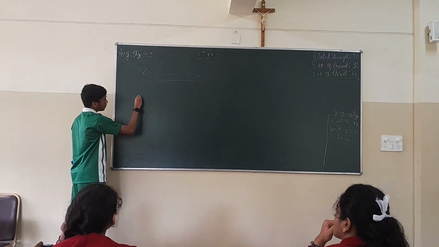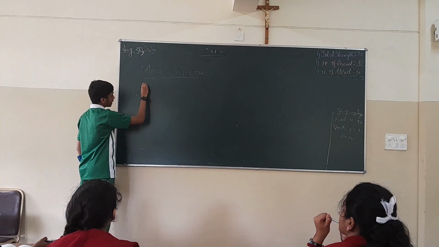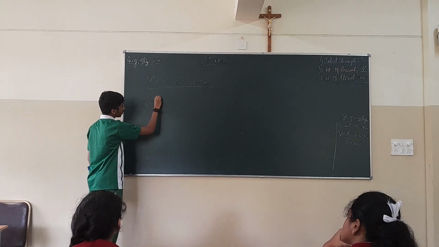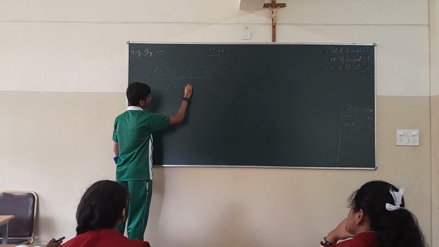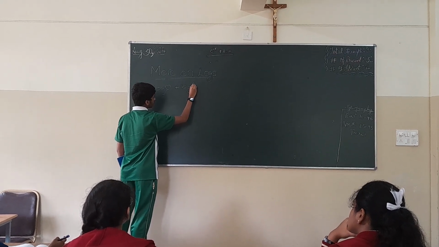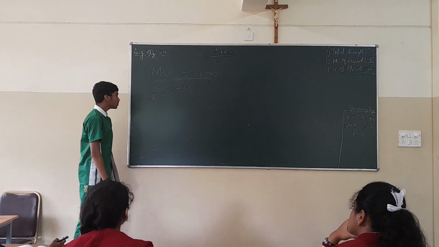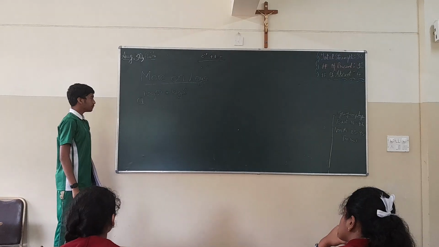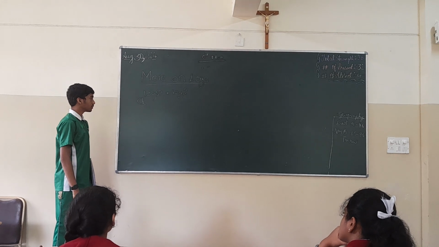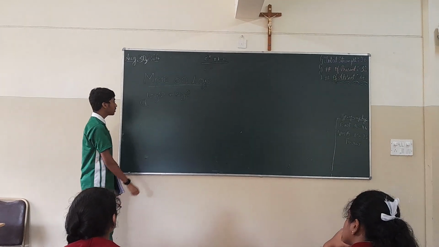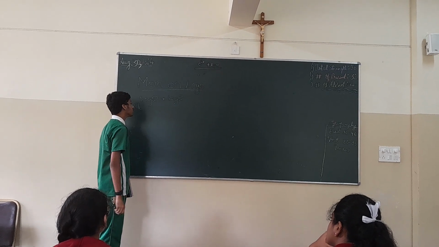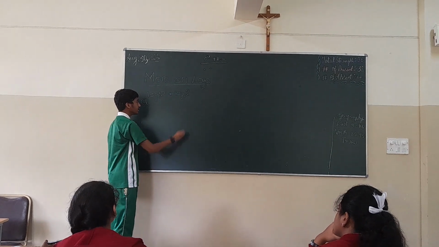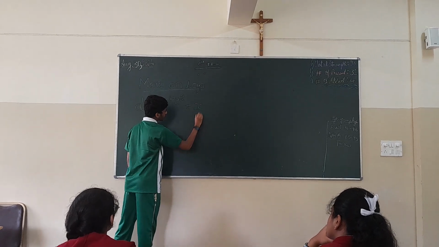Let's take an example. A raised to log m to the base a plus log n to the base a. What's the base here? And the power? So now let's say a raised to log m to the base a plus log n to the base a is equal to x.